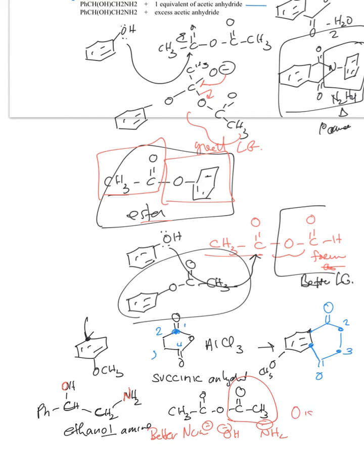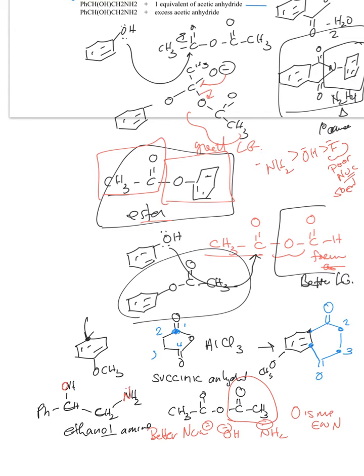Okay, oxygen is more electronegative than nitrogen. So, more electronegative, it's going to be less nucleophilic. So, NH2 is a better nucleophile than OH, which is better than fluorine. You know fluorine is a poor nucleophile because it is so electronegative.